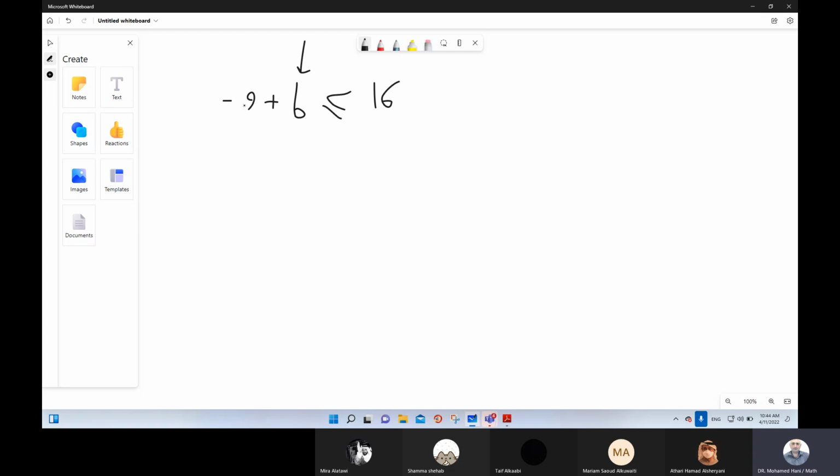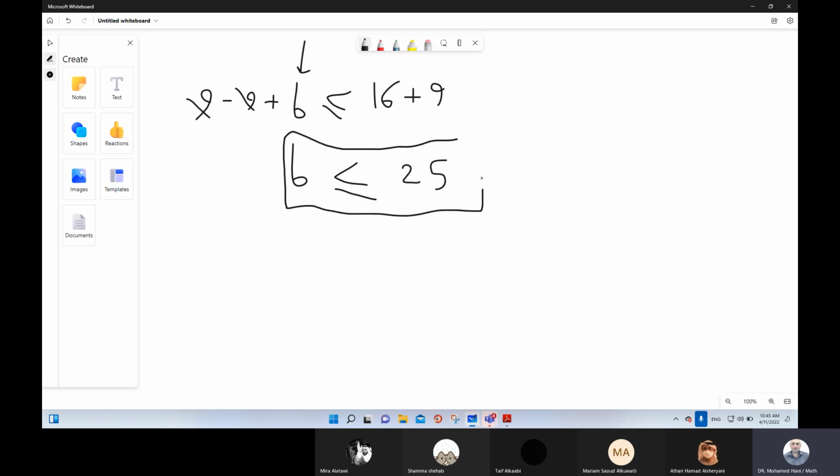How to remove negative 9? You can add 9 to the two sides. As you see here, 9 and minus 9 will be 0. Remains b less than or equal to 16 plus 9, which is 25. This is the solution of this inequality.